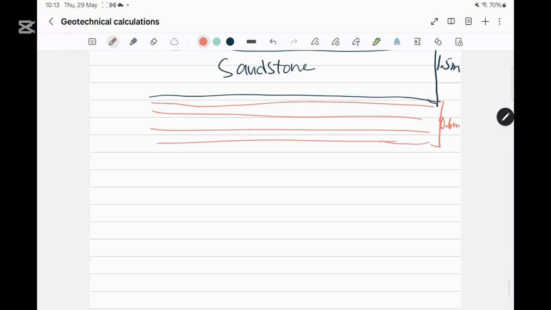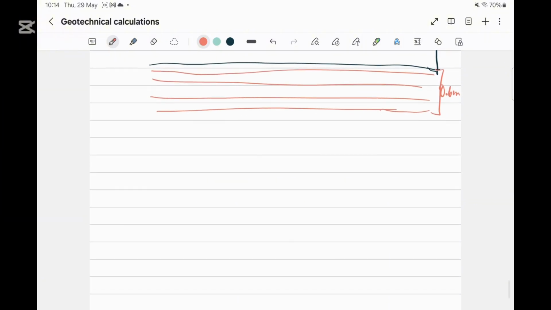Now we're gonna determine the minimum thickness and compare it to the thickness that we have. The minimum thickness required for the suspension mechanism to work, the T that we get, must be less than or equal to what we have. If it's greater than what we have, it's gonna be a problem.